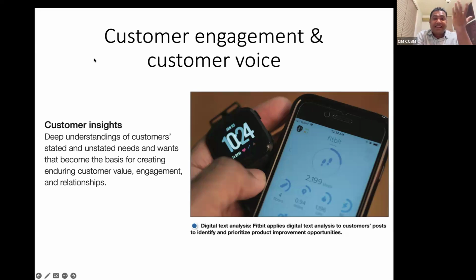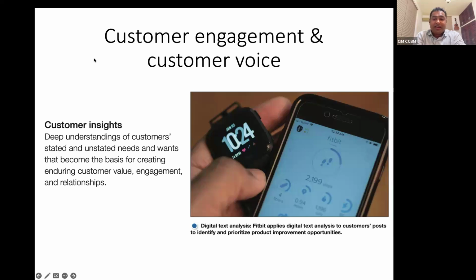That's why it's called an insight. So our job is to analyze data and find insights, because marketing is done on insights.